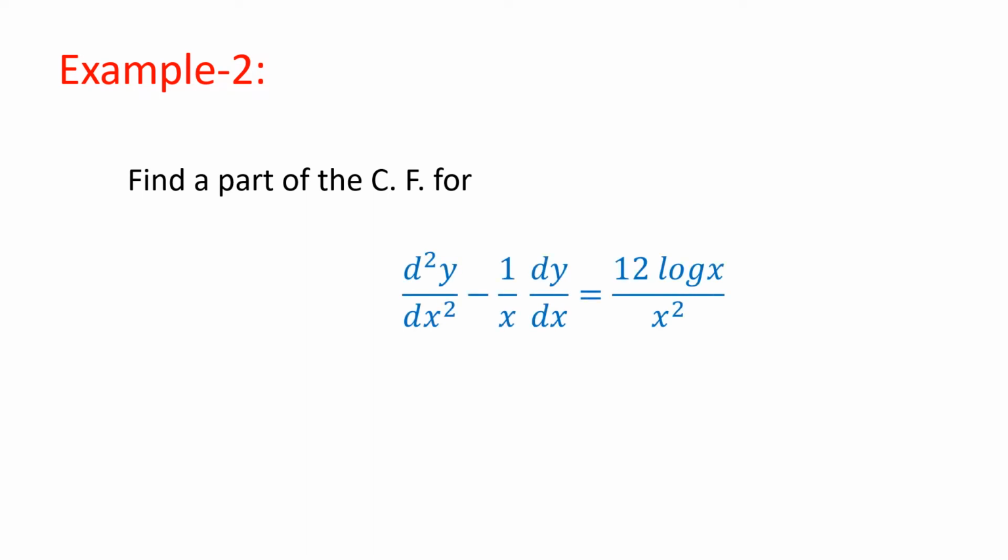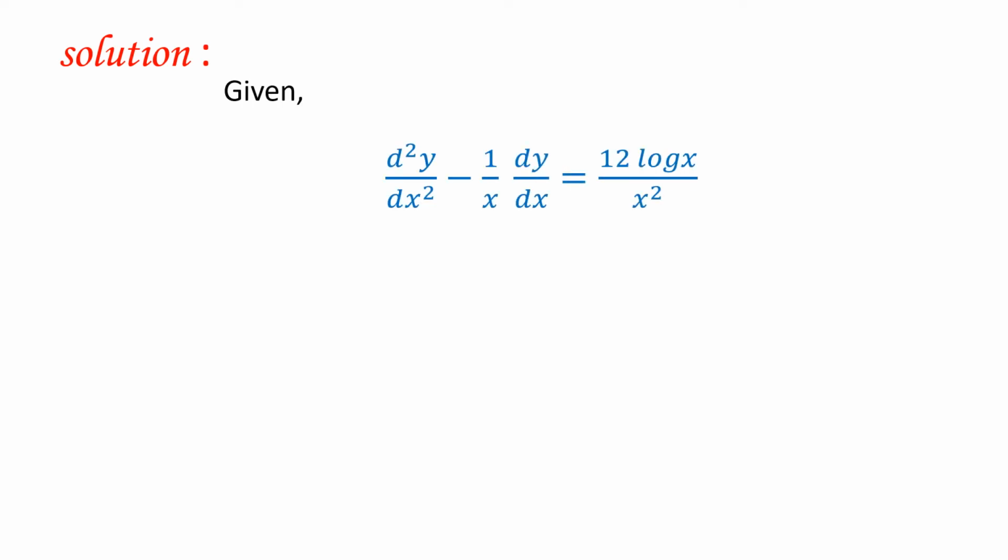Next we shall consider another example. Find a part of the complementary function for d square y by dx square minus 1 by x dy by dx is equal to 12 log x by x square. So again you write given equation d square y by dx square minus 1 by x dy by dx is equal to 12 log x by x square. Again this is in the standard form. So what is the value of p?